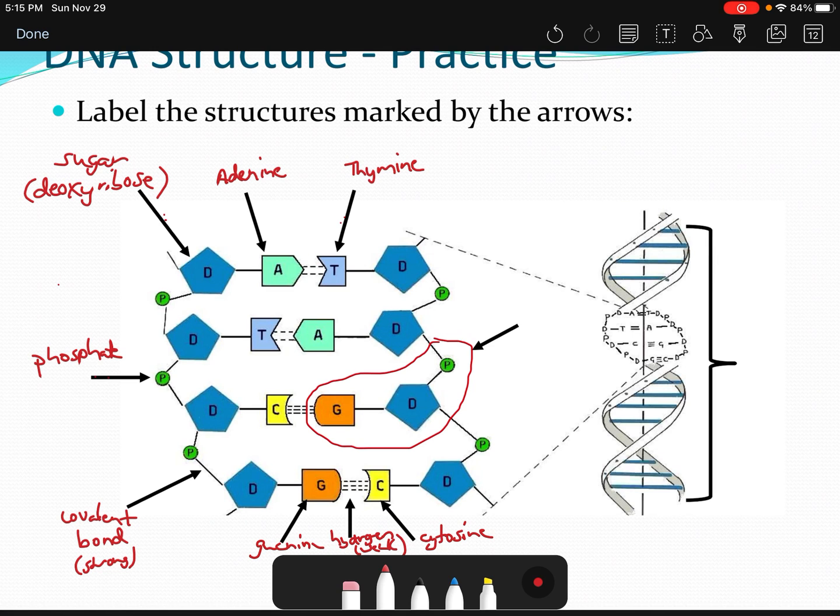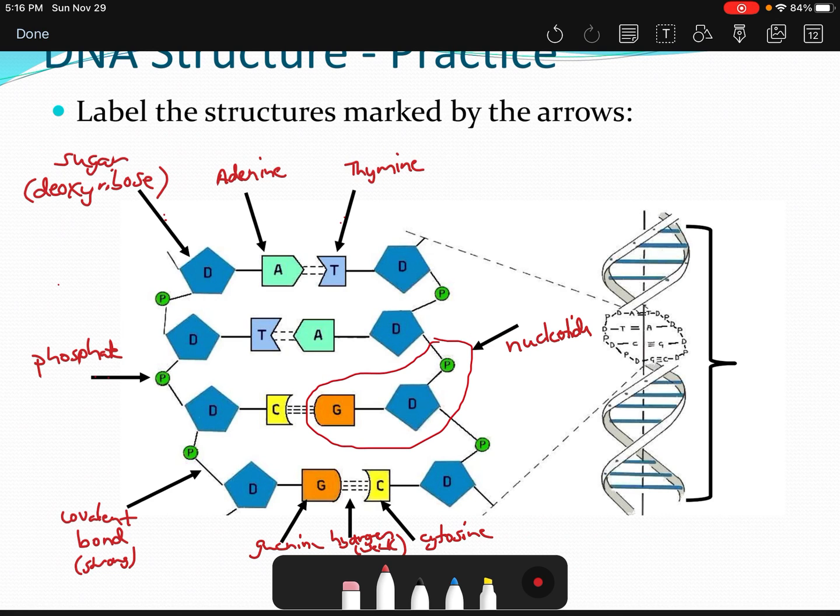Okay? And what do we call one nitrogen base, one sugar, and one phosphate all together? That's called a nucleotide. DNA is made up of a whole bunch of repeating nucleotides, like two strands of nucleotides joined together.